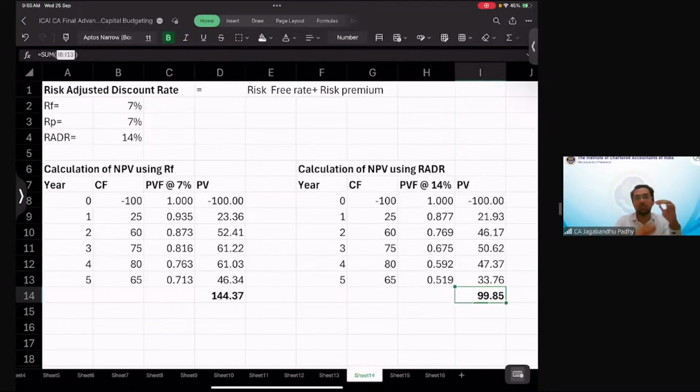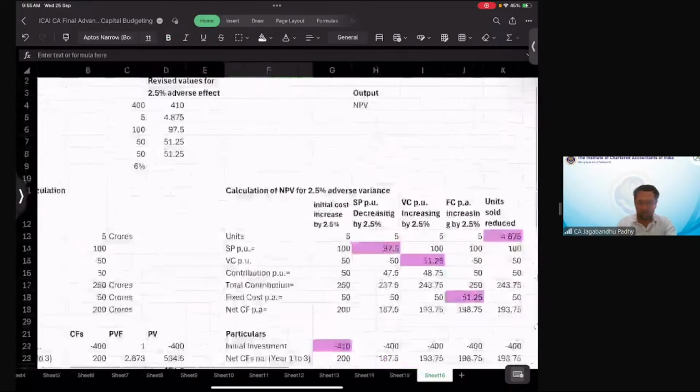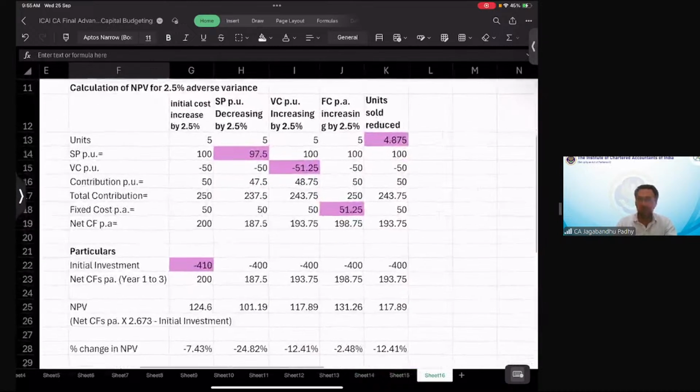Then we understood the risk-adjusted discount rate, the rate that we adopt for discounting risky cash flows. If you don't want to calculate a risk-adjusted discount rate, we look for the certainty equivalent, where we look at only the certain proportion of the cash flow. And then we discussed sensitivity analysis, which measures the sensitivity of the variables affecting the NPV. Let me take any queries.